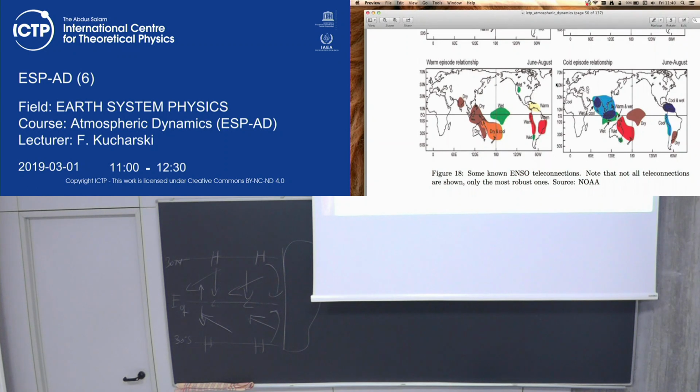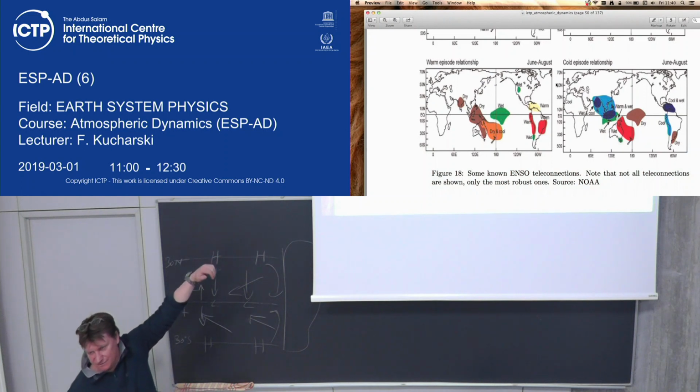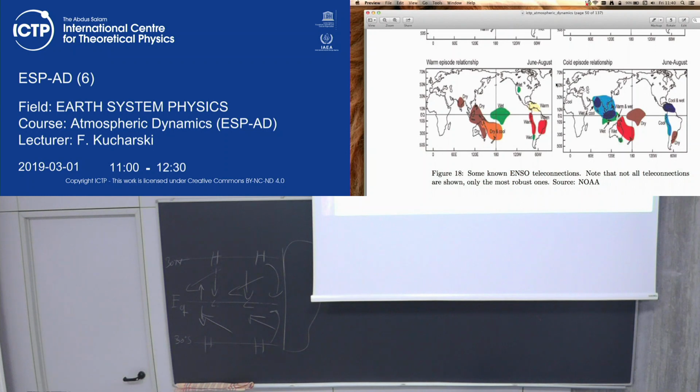The extratropical wave train is actually due to a Rossby wave source that is slightly off the equator, maybe here, and then that creates an extratropical Rossby wave, the one that we described with our vorticity equation for the extratropics.